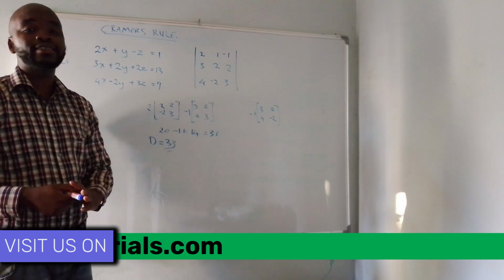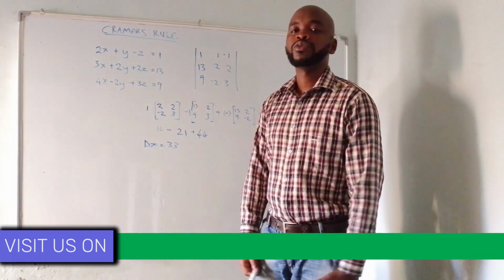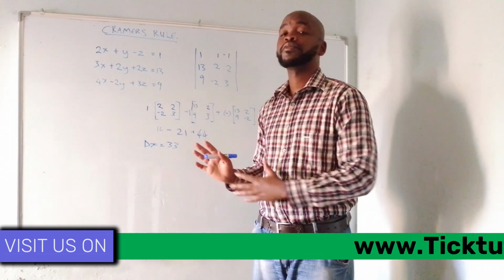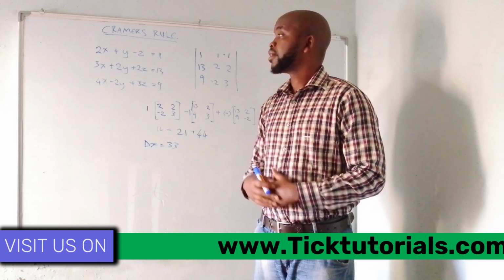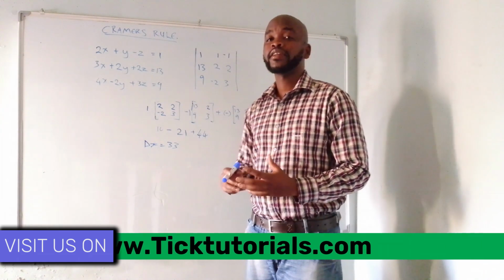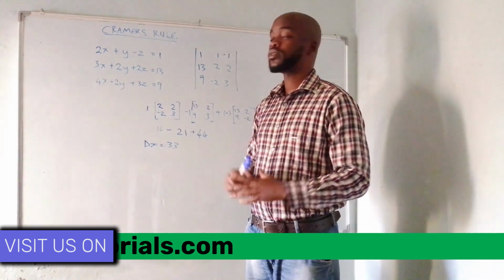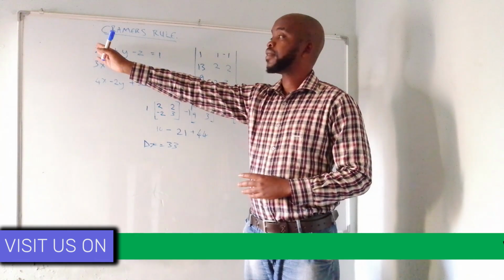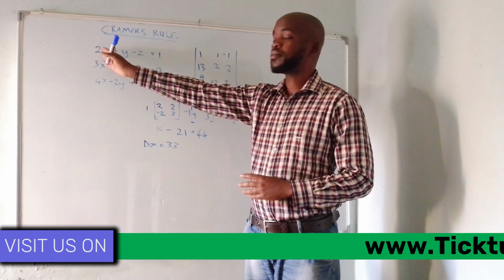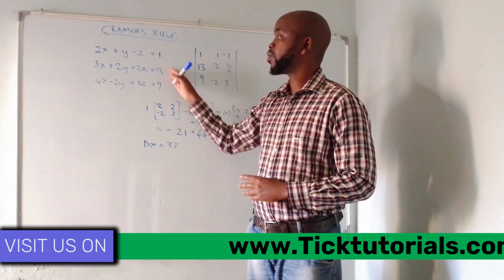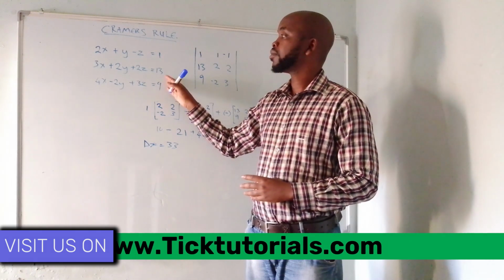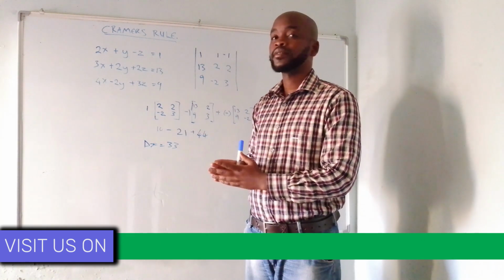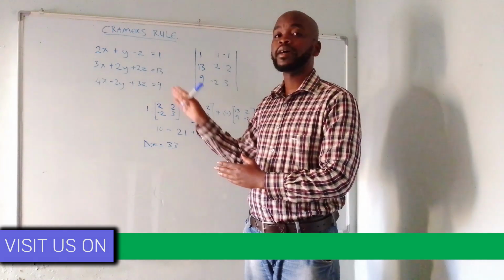Now let's move on to the next step. After we found the determinant of the first matrix that we made from the left hand side, we want to find the determinant of the next matrix that we're going to make. We make this matrix by replacing the x terms with the column on the right hand side.